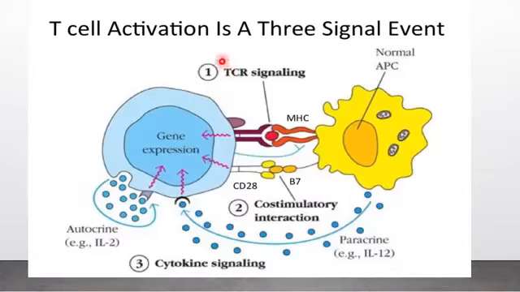So basically here is T cell activation through the 3-signal pathway. Okay, what is the 3-signal pathway? At the 3 signals, once in the lymph node, we've got here the dendritic cells, which are the antigen presenting cells.